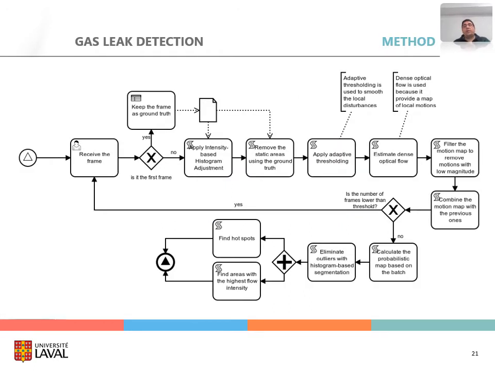Here you can see the process flow of the proposed algorithm. So we have intensity-based histogram adjustment, background removal, and adaptive thresholding for the pre-processing step, and then we have estimating dense optical flow, filtering the motion map based on their value, and the combination of all of these to calculate the probabilistic map of the motions based on their magnitudes in the flow analysis.